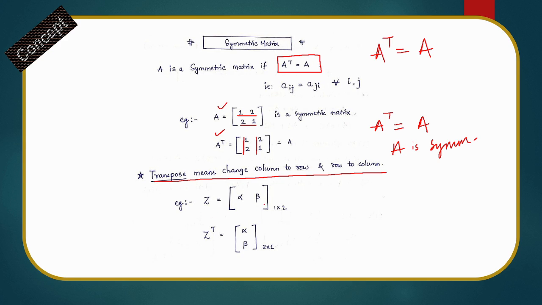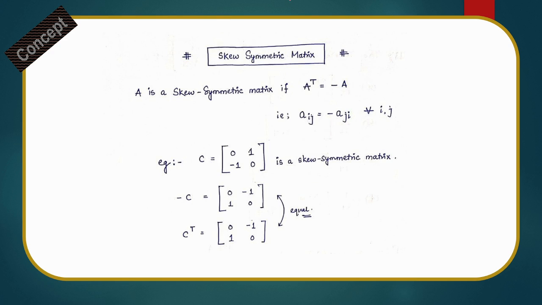Fine. So transpose means change columns to rows and rows to columns. Example, Z equal to alpha beta. This is a 1 cross 2 matrix, and Z transpose will be, the rows will be converted to columns. So it will be a 2 cross 1 matrix. This is the simple concept behind the transpose. So what is a symmetric matrix? A symmetric matrix is nothing but A transpose equal to A. Now we will see what is a skew symmetric matrix.